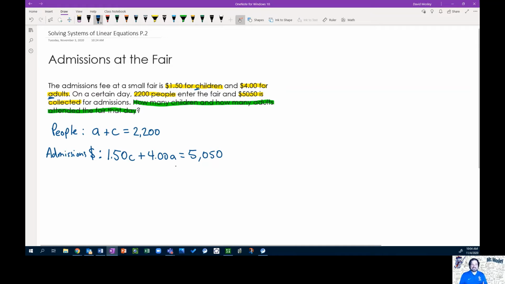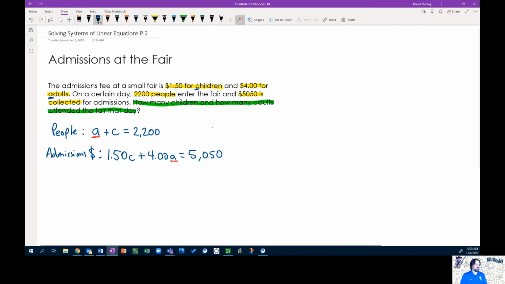Unfortunately, this does not look like the type of equation we've done before, where we have a variable equal to something happening to another variable. So what we need to do is rearrange these so that it looks like something we've dealt with before. We're using A and C as variables instead of X and Y, but we can still rearrange those. I'm going to choose to have A, the number of adults, be equal to something occurring with variable C. So we'll rearrange the first equation.